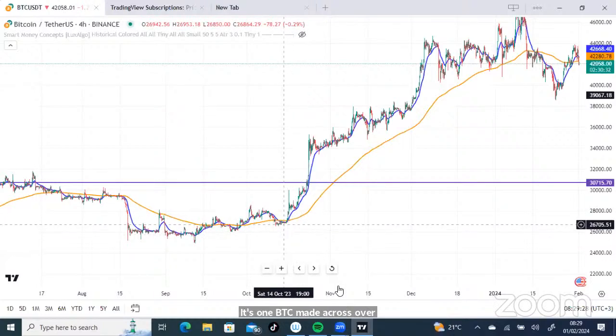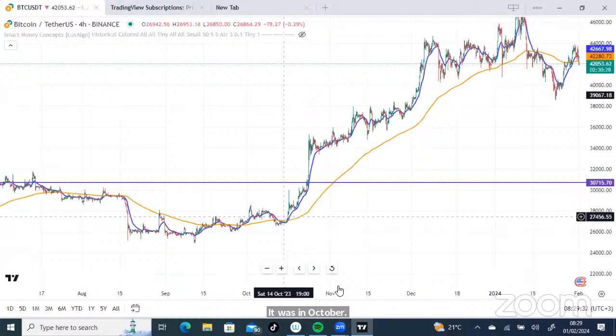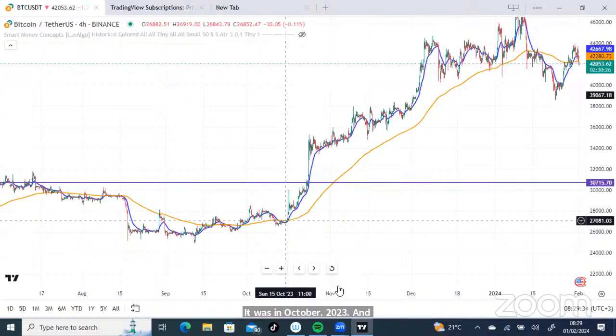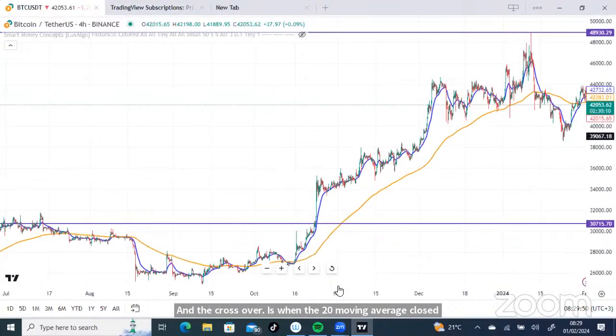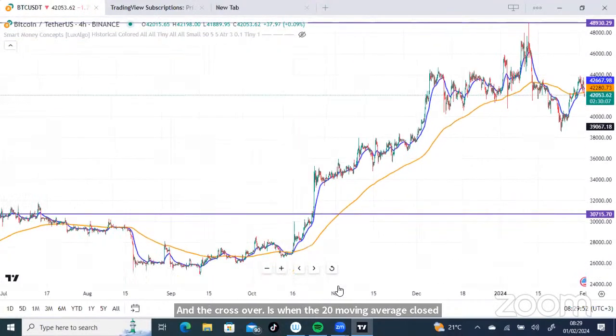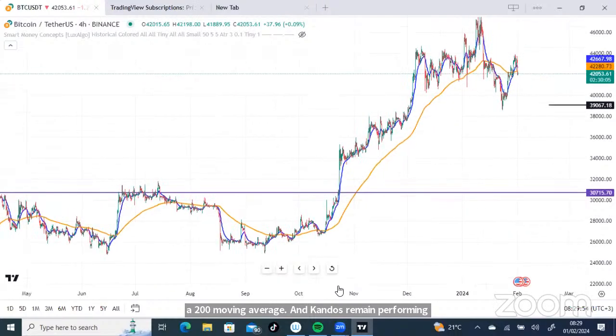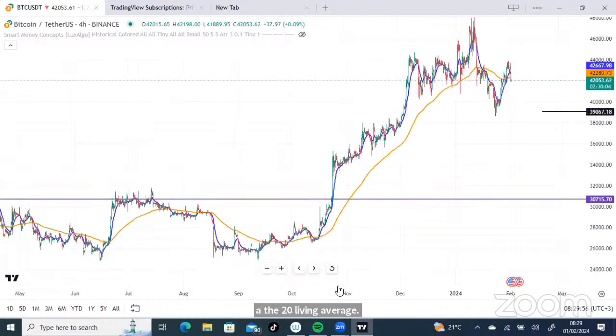It was in October 2023. And BTC, when it formed this major crossover here, and the crossover is when the 20 moving average crossed a 200 moving average, and candles remained forming above the 20 moving average. Imagine if you knew about this.